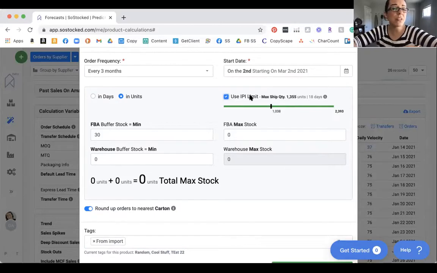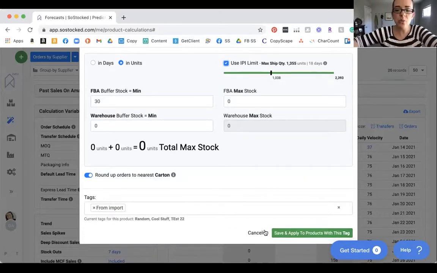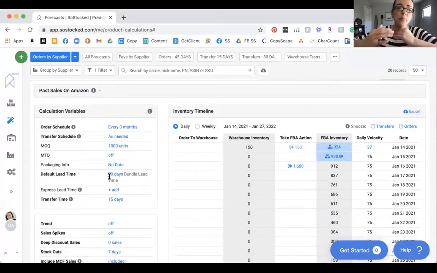Because sometimes using the IPI limit is way too much for your slow moving products. So we do have a lot of ability to do filtering and to do bulk applications and bulk changes based on certain categories and certain tags. So that's a good question.